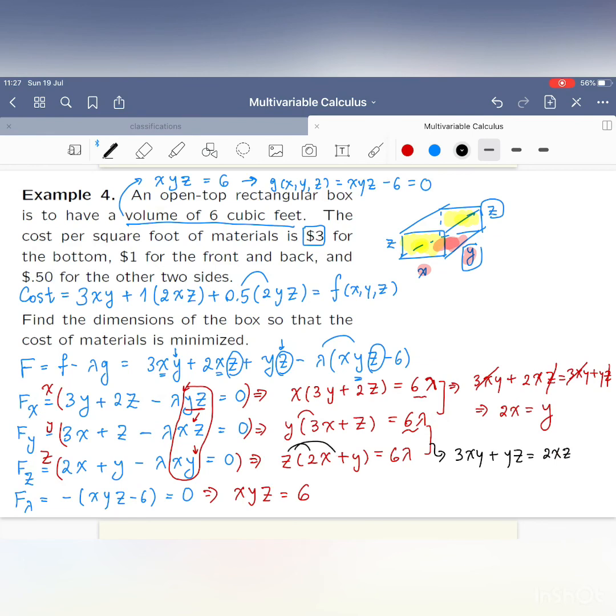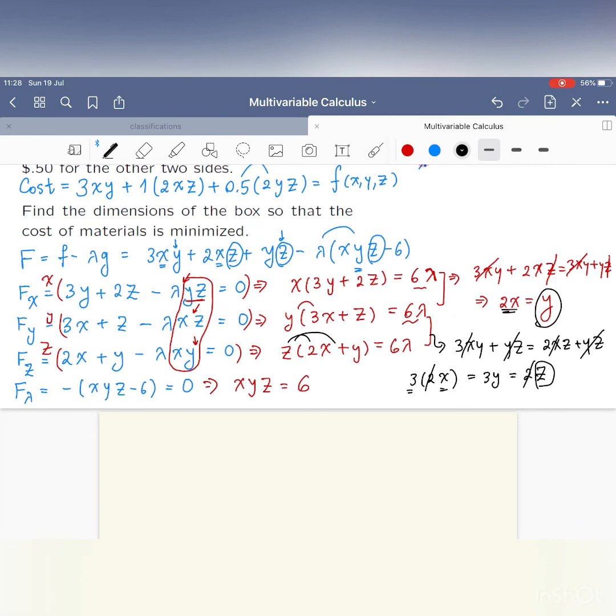You see, the yz cancelled and then the x cancelled, so it means that your 3y equals to 2z. But what's your y? Your y is actually 2x, so it means that your z equals to 3x. You see, your z equals to 3x.